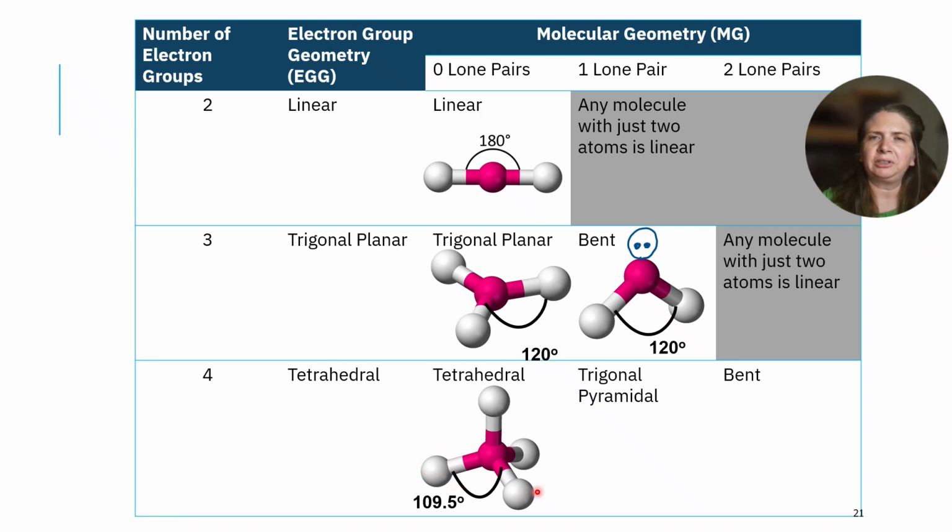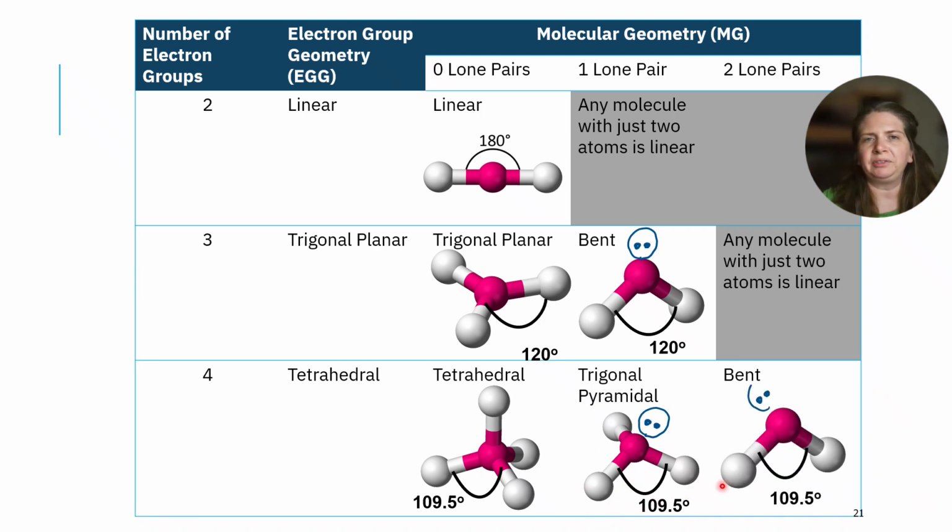Spreading the 4 electron groups as far apart as possible produces a bond angle of 109.5 degrees. If one of these electron groups is a lone pair, then there are only 3 visible atoms. The molecule appears triangular, but it is not flat because of the lone pair. This molecular geometry is called trigonal pyramidal. If 2 of the 4 electron groups are lone pairs, the molecular geometry is bent.